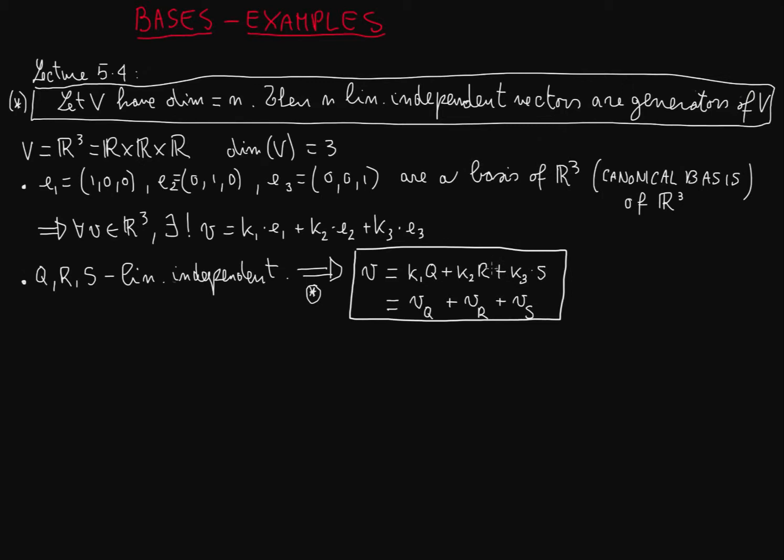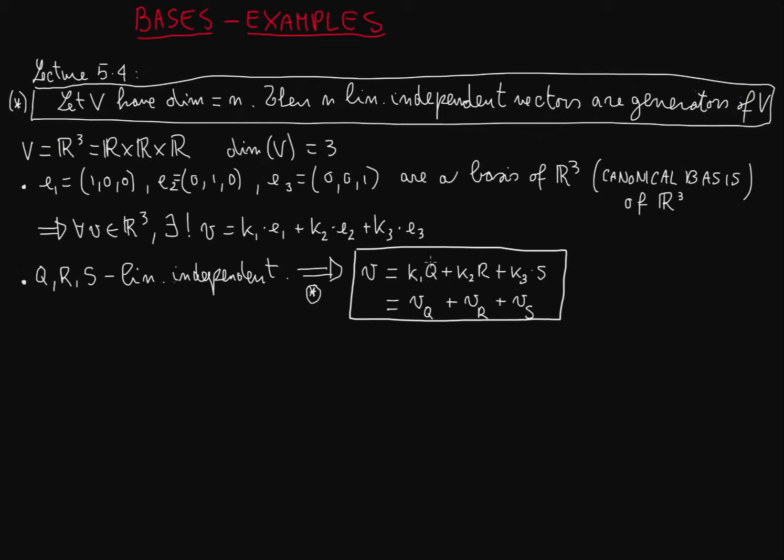So there might be one of these three vectors which is going to be a linear combination of the other two, making the three vectors no longer linearly independent, and therefore making them no longer generators of R3. So in that case, V might not be in the vector space generated by the two independent vectors. So this is one of the possible critical cases that may happen.